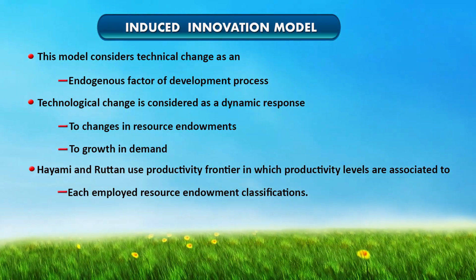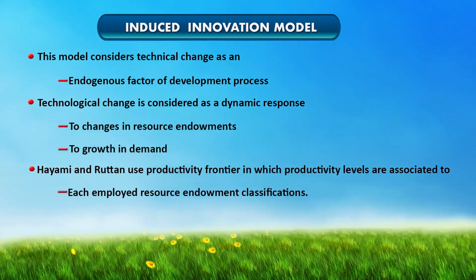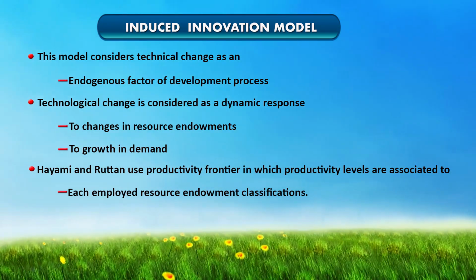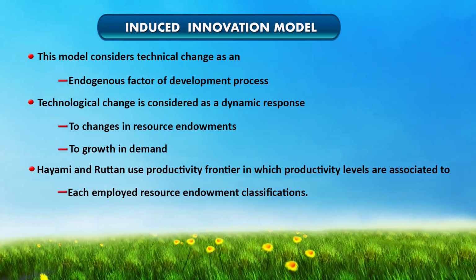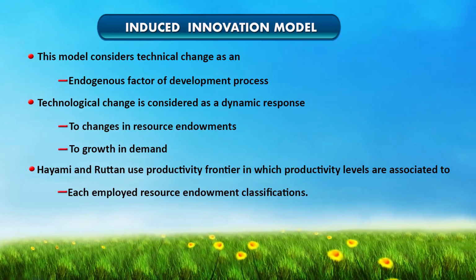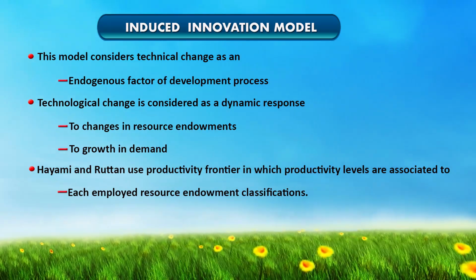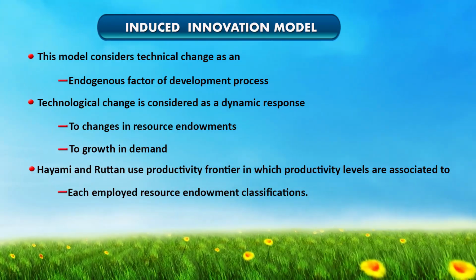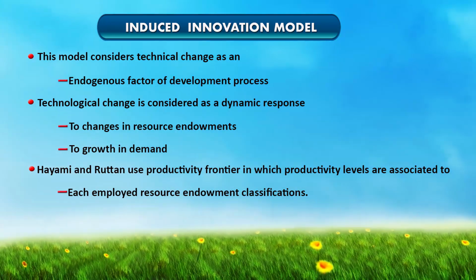The whole process is explained using the production function, and they use productivity frontiers to explain the gain from using different technology with reference to the employed level of the factor of production.